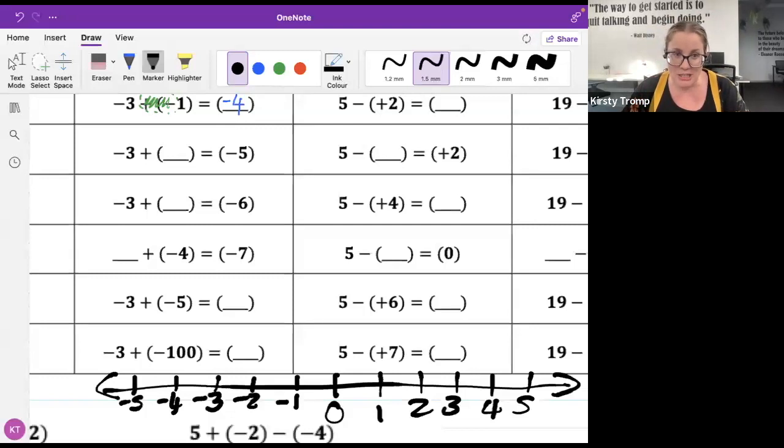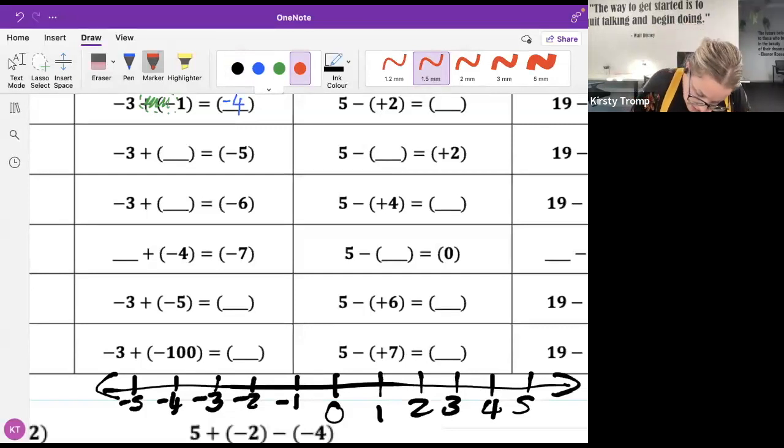So for this first sum, my first sum says to me, I'm sitting at -3. Here I am sitting at -3, plus something will get me equals -5.